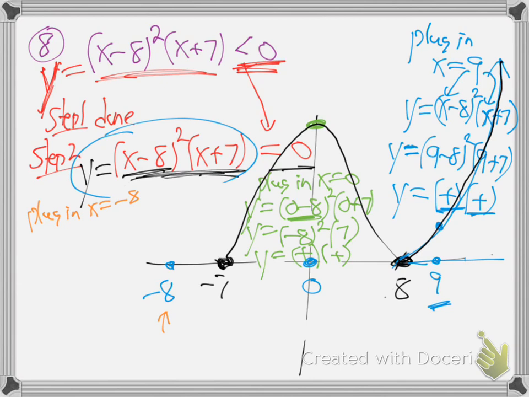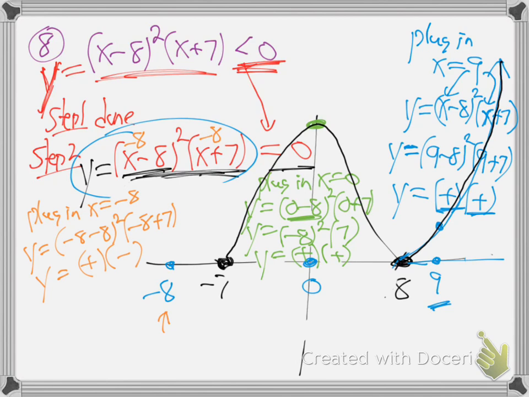Plug into this function, so negative 8 there, negative 8 there. So you're going to get y equals negative 8 minus 8, squared is always positive, times negative 8 plus 7. So that's going to be positive times negative. That one's going to be negative.